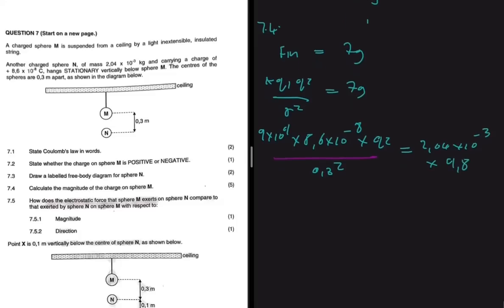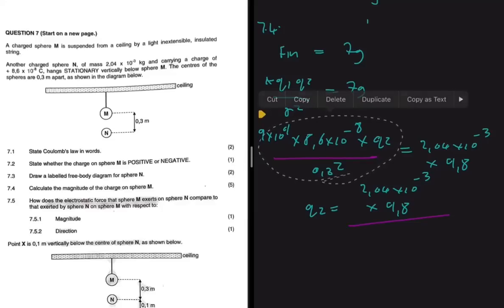Here we're going to jump straight to the answer. Q2 is equal to this term here, divided by the coefficient of Q2, so this entire term but without Q2.